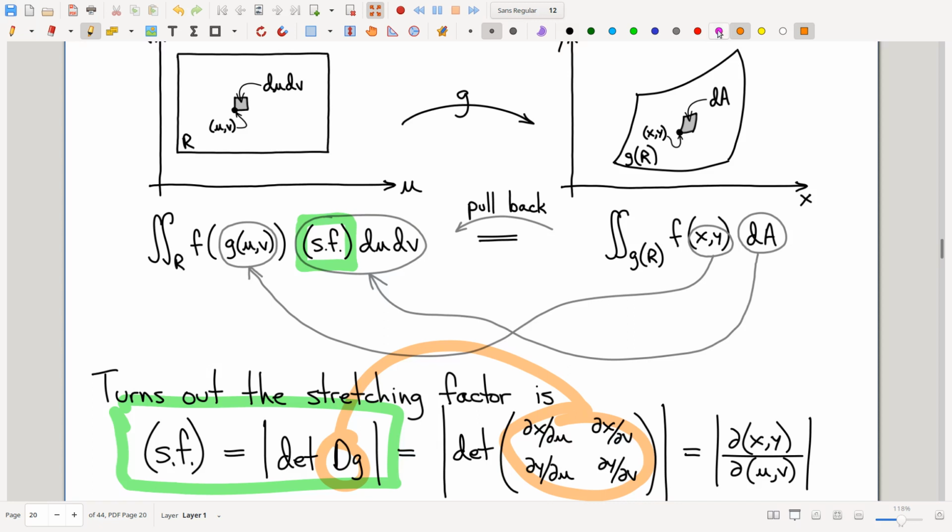Second thing I want to talk about is another little point of notation. The determinant of that derivative matrix is sometimes shorthanded like this: partial xy over partial uv. Probably kind of see some of the motivation for that.